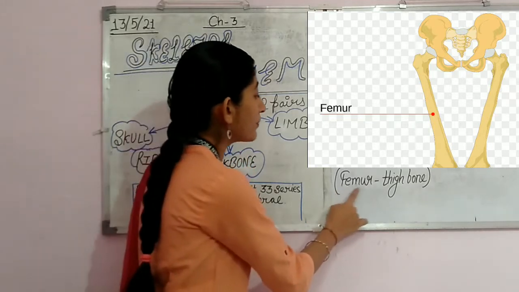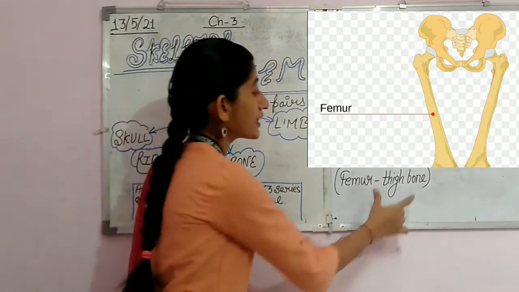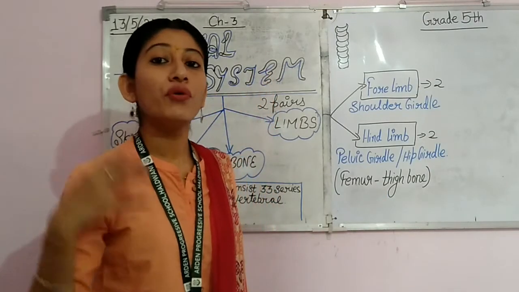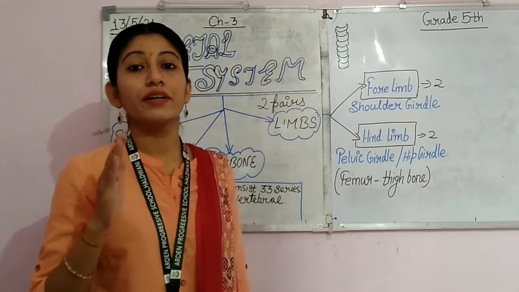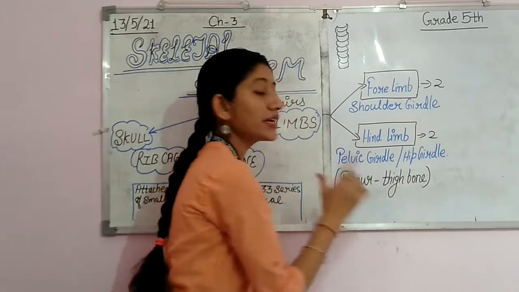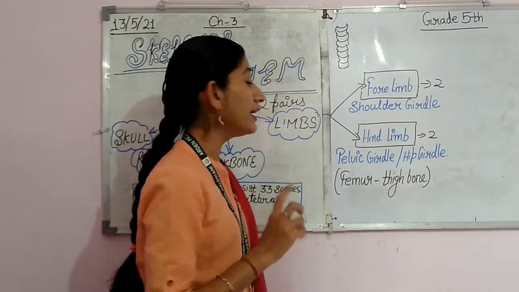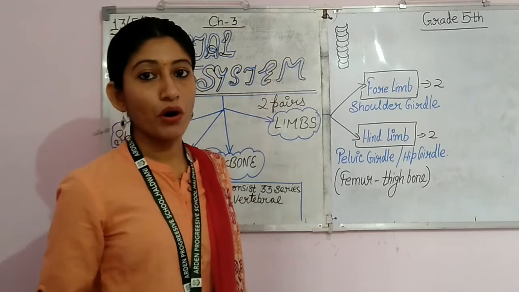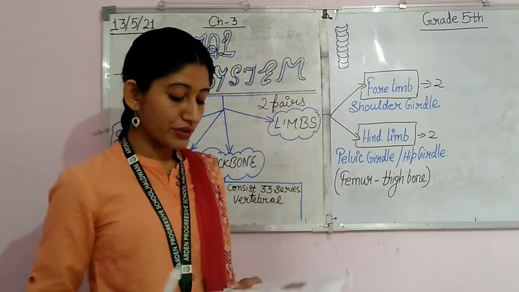It takes the weight of the whole body and balances our body. So the femur is the thigh bone, the longest bone of the human body, and it helps in bearing the weight of our whole body.